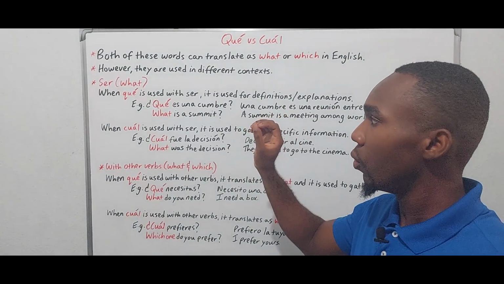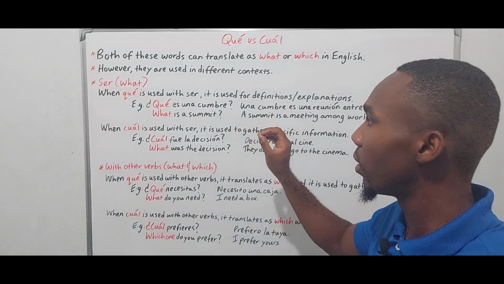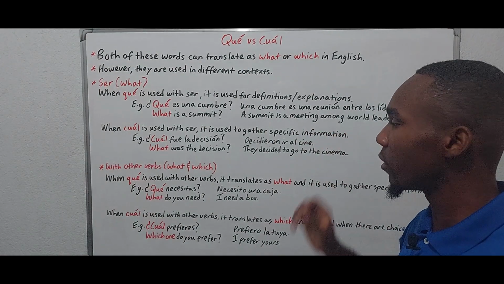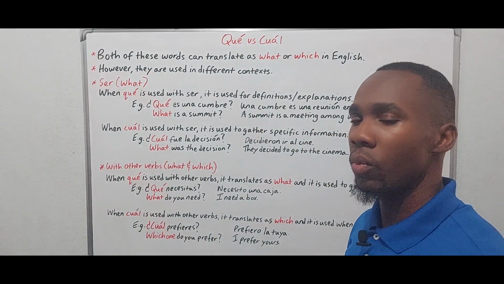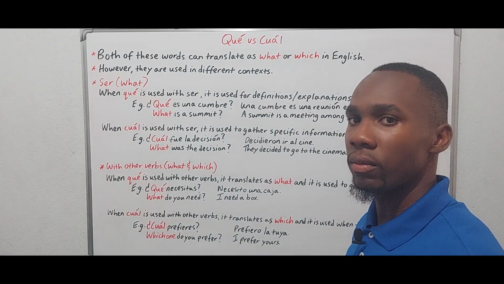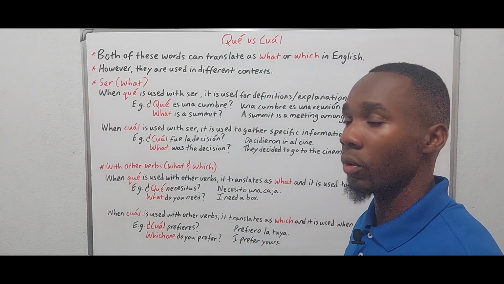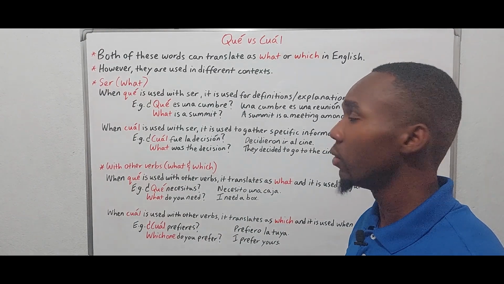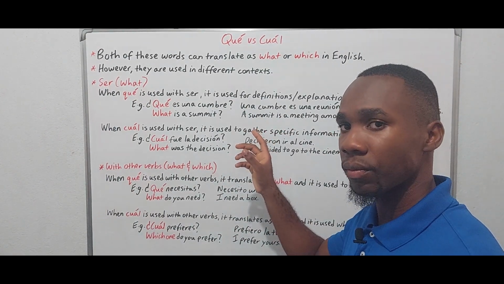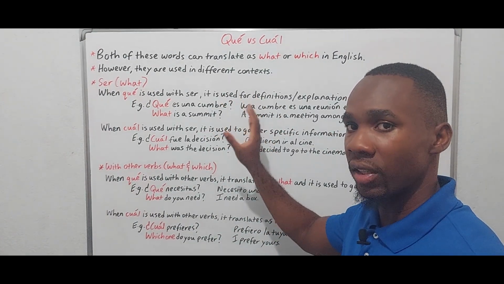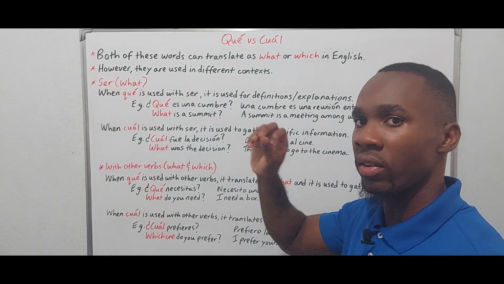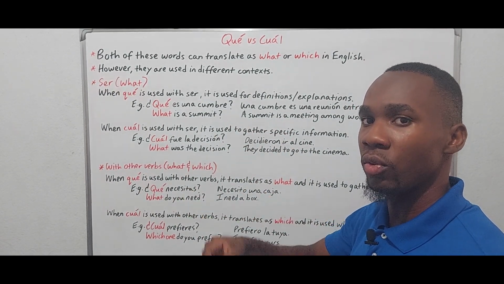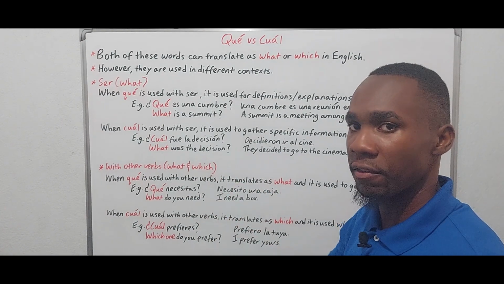So when que is used with ser, it is used for definitions or explanations, right? So when we want to find out about a definition or we want to obtain an explanation, we use que. Of course, this is with the verb ser. So using que with ser is going to be used to ask for a definition.